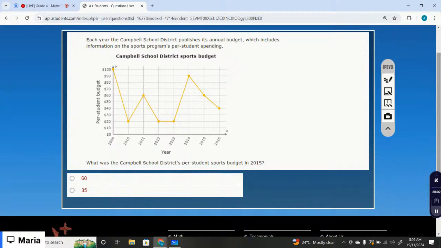Which is the correct option? Very good. $60 it is. Option number one is the correct option.